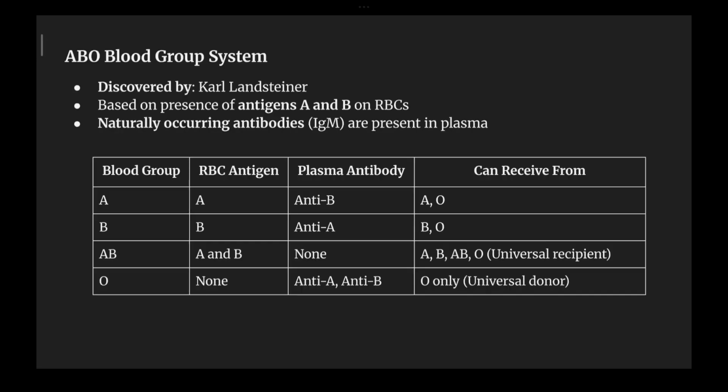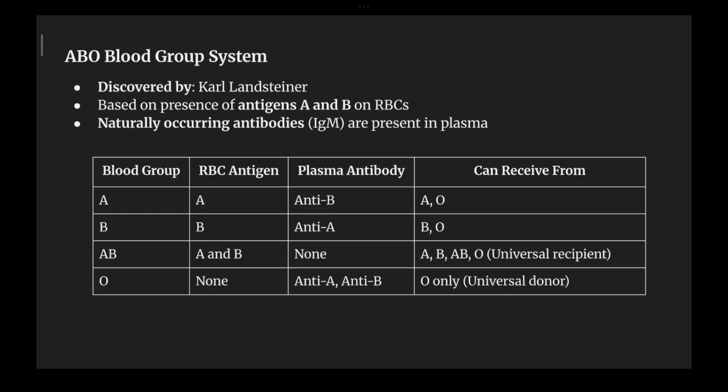Now, O blood group people have no antigens on their red blood cells, and they have both anti-A and anti-B antibodies in the plasma. They can donate blood to any group, but can receive only from their own blood type, and no other blood type can be transfused to O group people.